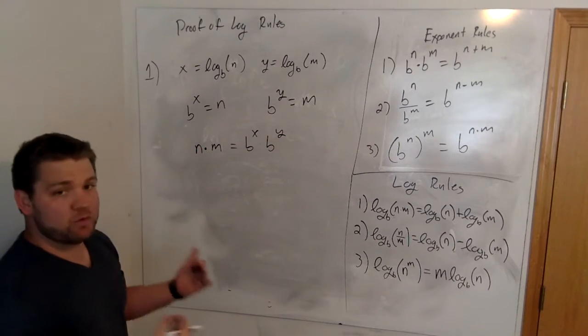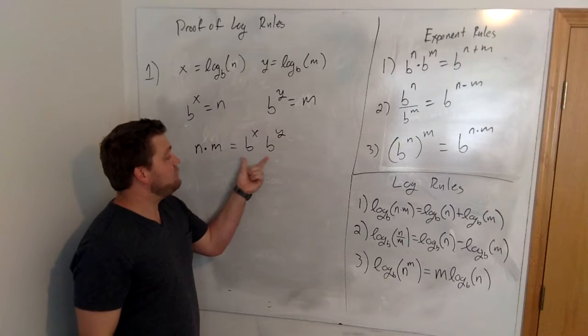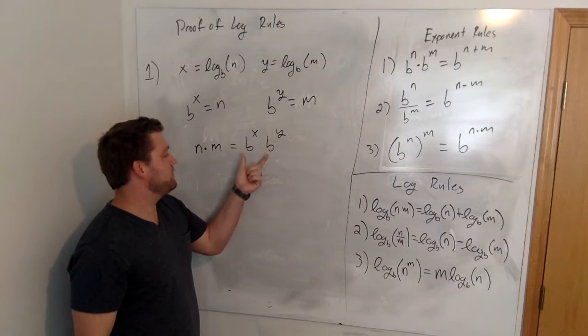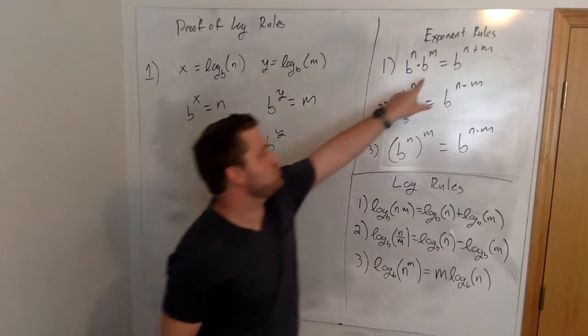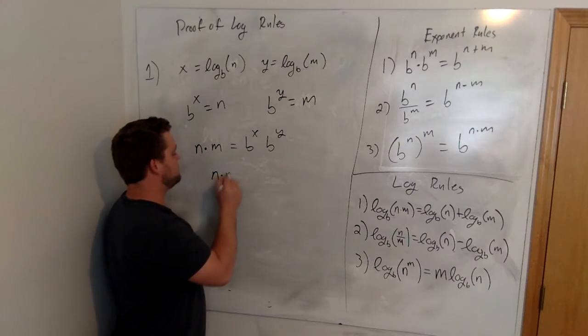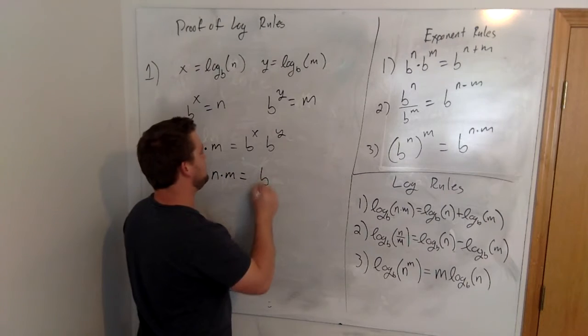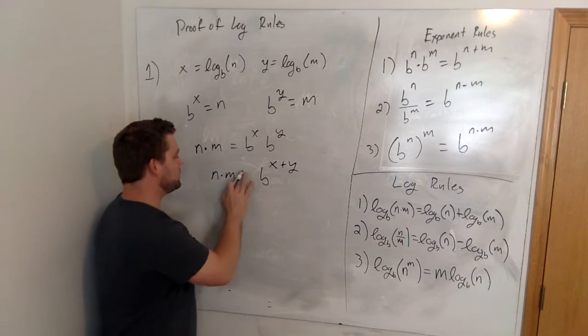This is something we're more comfortable with because we know how to deal with exponents. If we have two exponentials and we multiply them together, if they have a like base, we can add their exponents. So we have that n times m is equivalent to b to the x plus y.